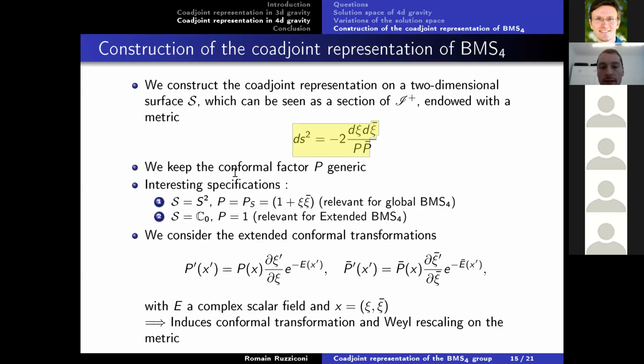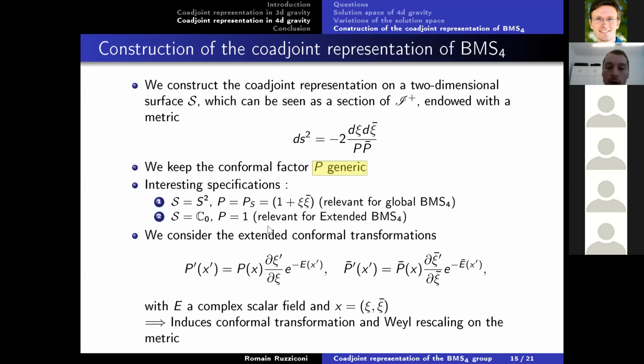In our analysis, we will keep this conformal factor P generic. But if you want, you can specify the topology of this 2-dimensional surface and also the value of the conformal factor depending on the particular case in which you are interested, for example, global or extended BMS.